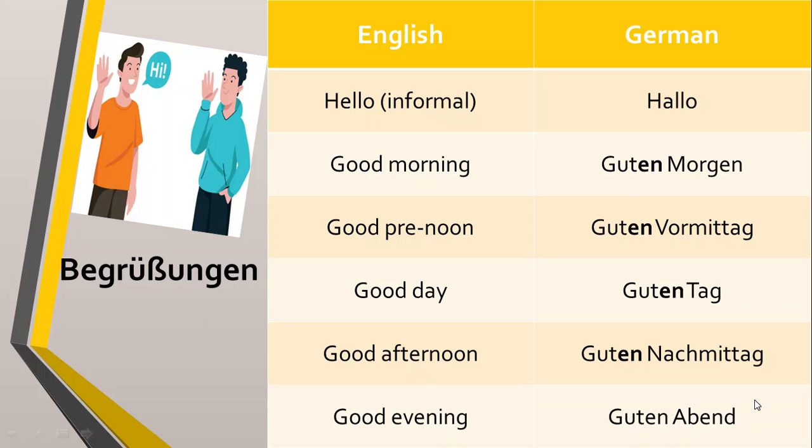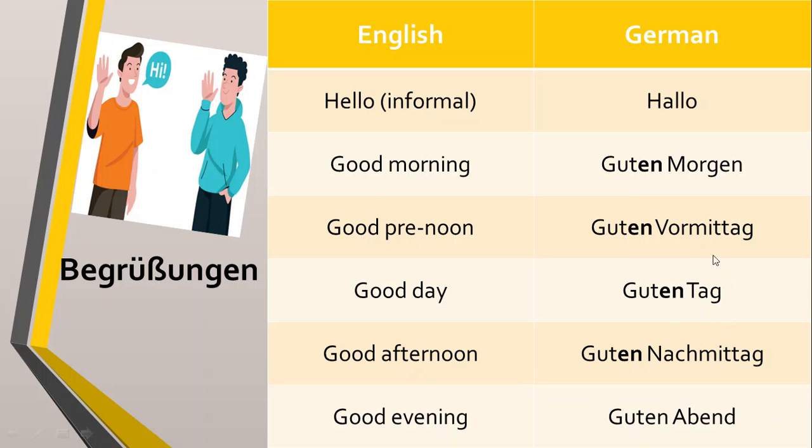The German time of the day is such that the mornings are considered from around 6 o'clock till 10 o'clock. The pre-noon, which we don't usually consider in the English language, but we do have the word Vormittag for it in German, is around 10 o'clock to 12 o'clock.